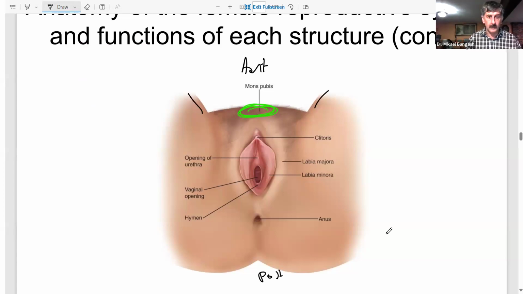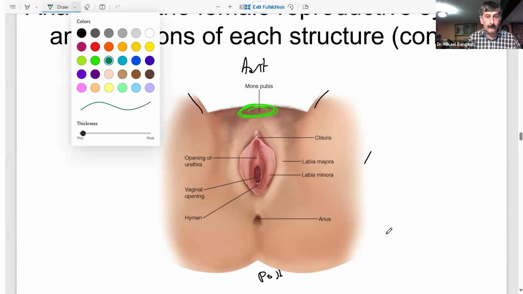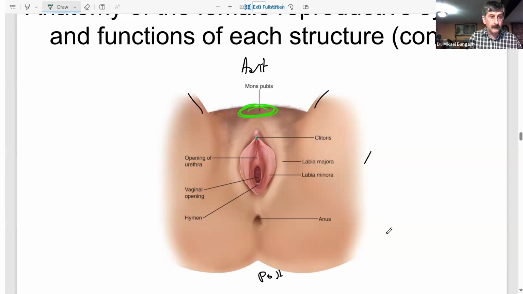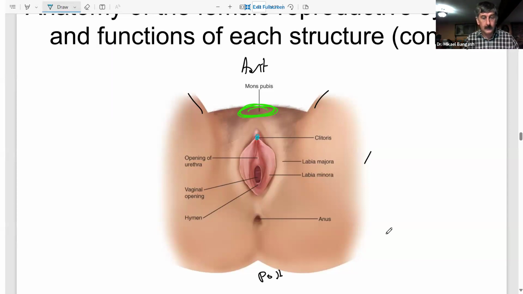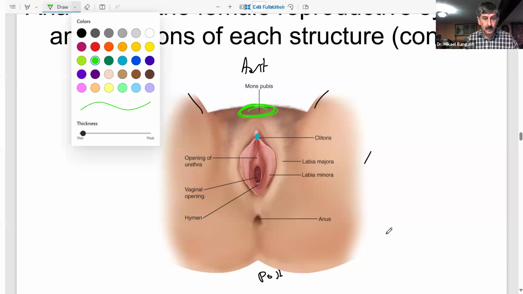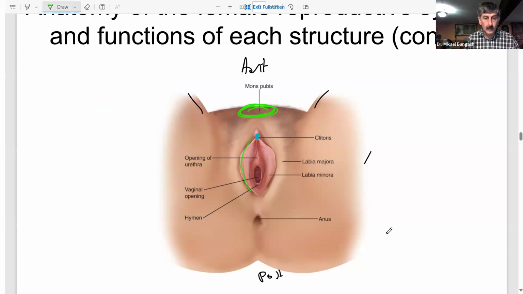Because there's going to be one thigh. Here will be the clitoris, which we mainly said was going to be covered. So this is going to be the labia minora.